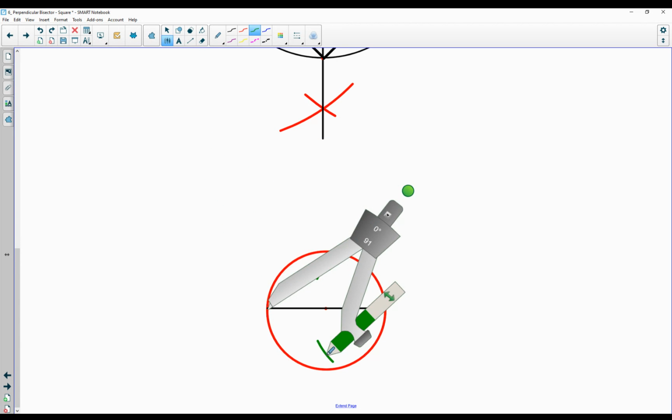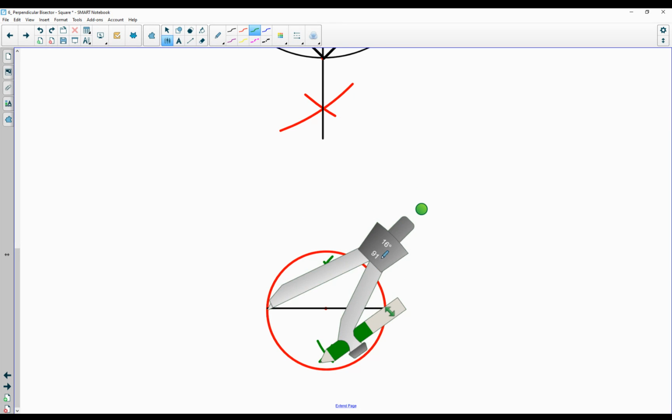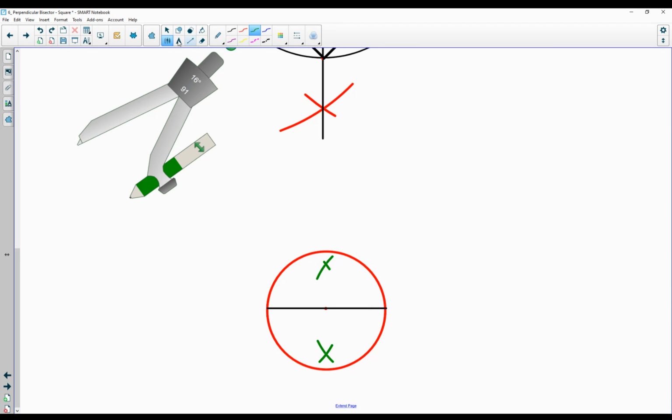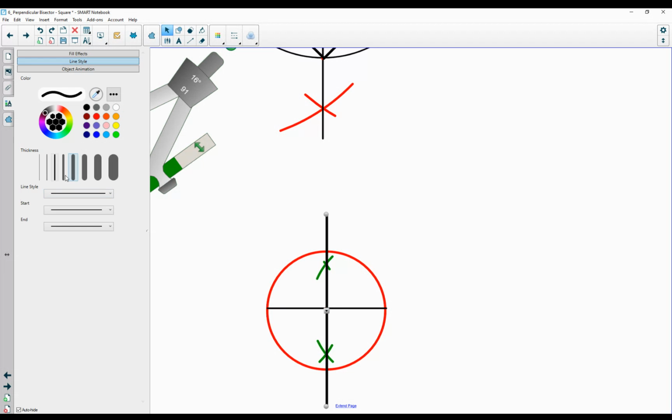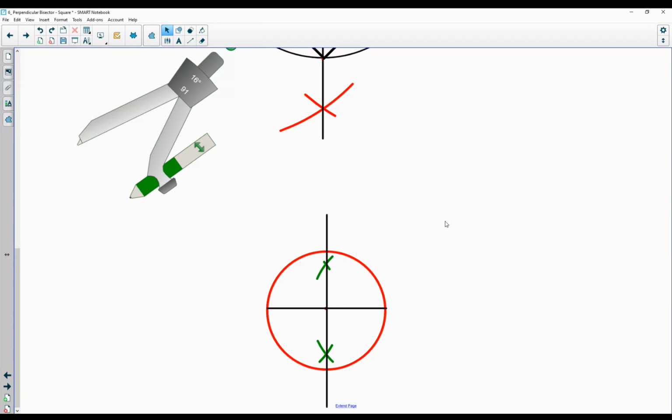Still okay. This is the main reason why we say now that you have to go through your arcs. Because if I were to go from here to here, it never touches the circle. I don't know how to make my square. So you have to make sure that you're going to go through the circle, through the arc. And now you have your additional points.